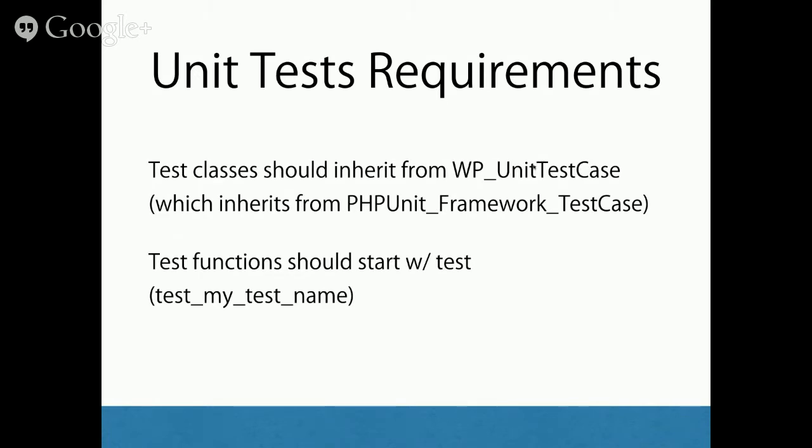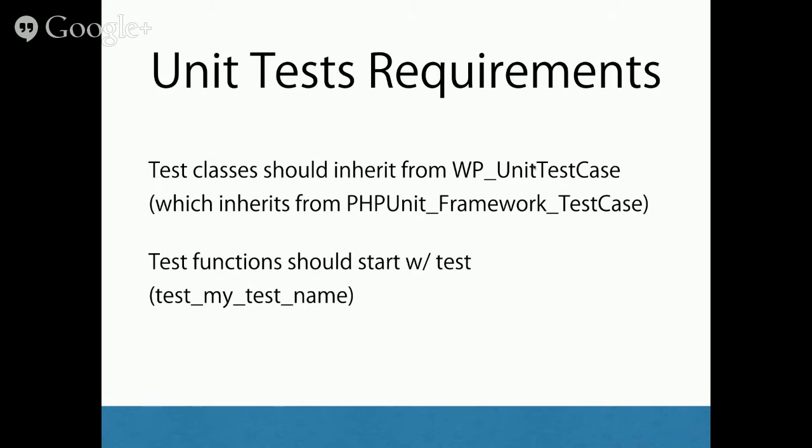So if you're using the WordPress core unit test framework to test your WordPress project or WordPress products, you can check out the develop repository, and all the WordPress tests are included there. And you can then use the unit test framework that WordPress created, which basically inherits from the PHPUnit one and adds a couple of WordPress functions.